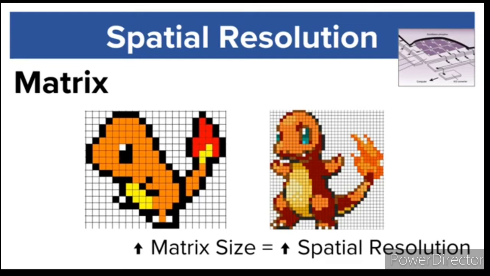Increasing matrix size increases spatial resolution. Charmander on the left has a matrix size of 378, and the one on the right has 1330. Because Charmander on the right has a higher spatial resolution, we can resolve individual flames in his tail, whereas the one on the left looks like there's only one flame.